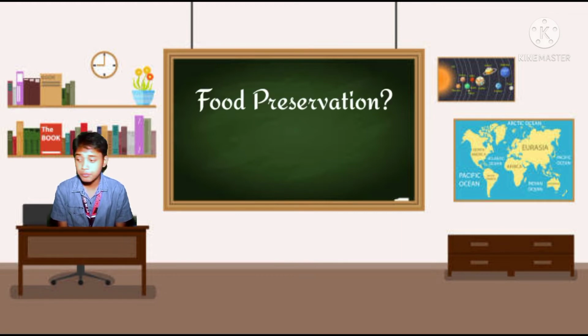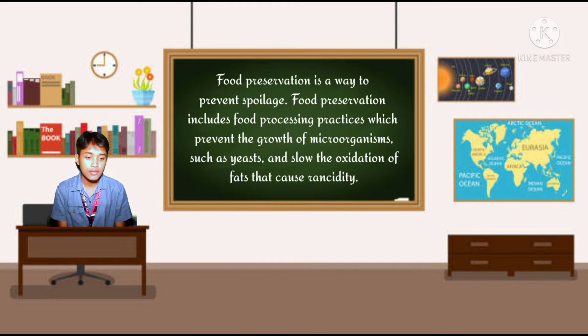So what is food preservation? Food preservation is a way to prevent spoilage. Food preservation includes food processing practices which prevent the growth of microorganisms such as yeast and slow the oxidation of fats that cause rancidity.